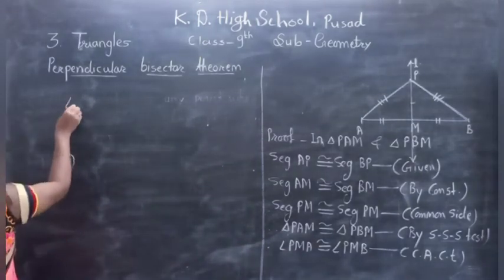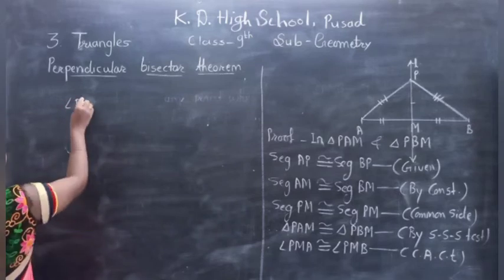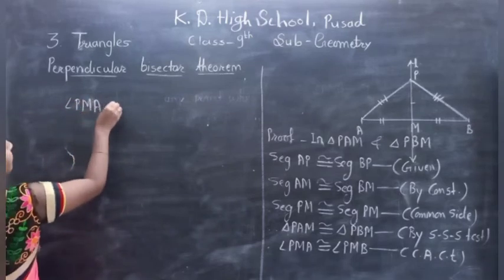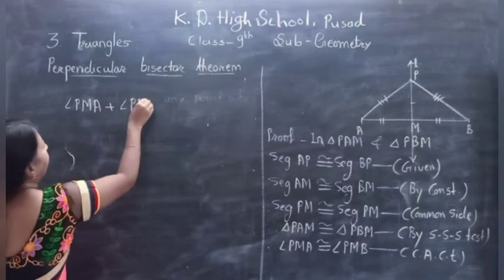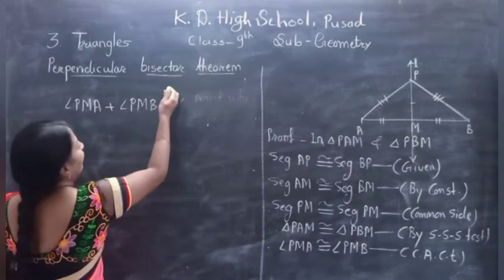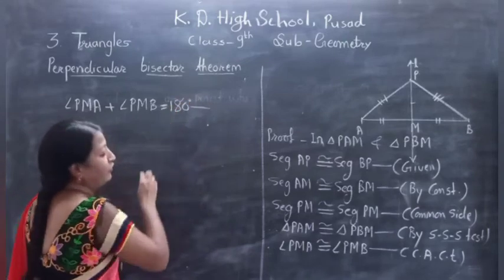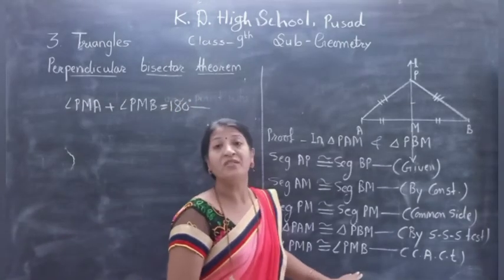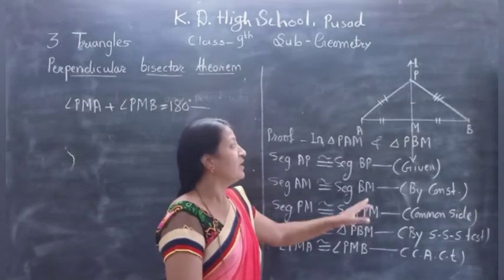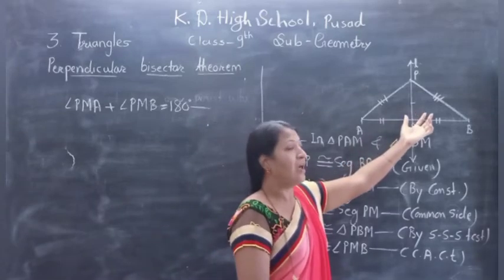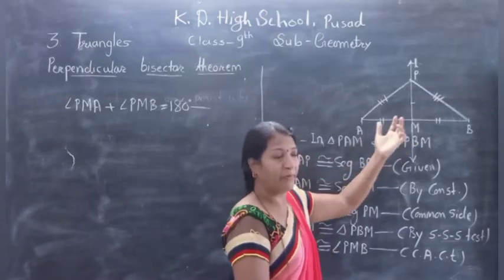Now angle PMA plus angle PMB is equal to 180. What is the reason we use that the sum of these two angles is 180? Because these two angles are angles in a linear pair.